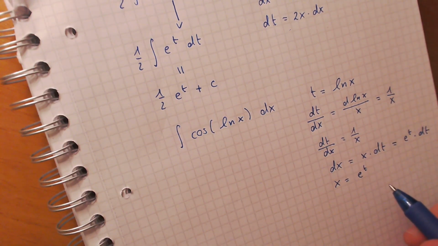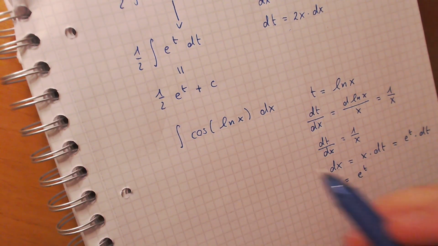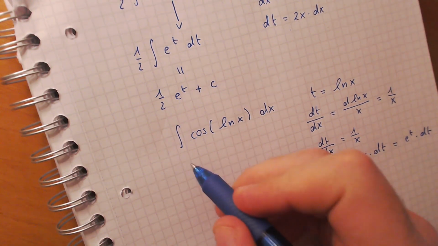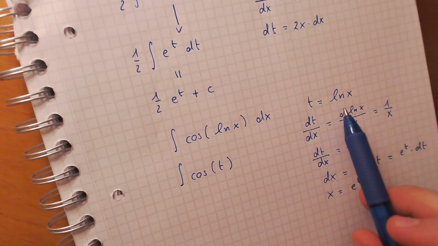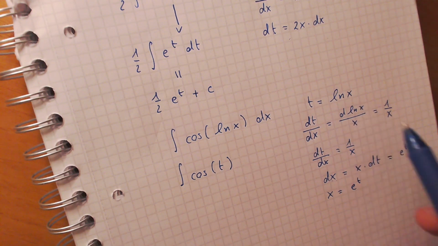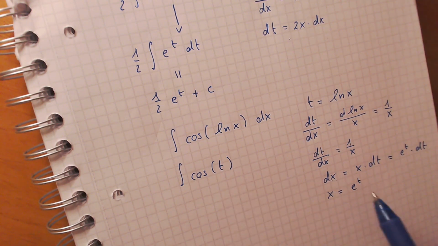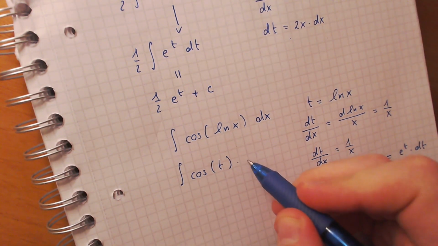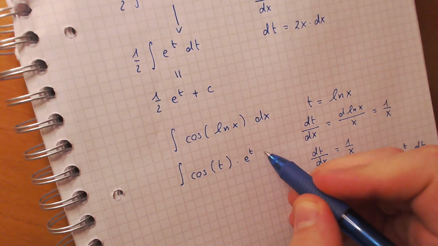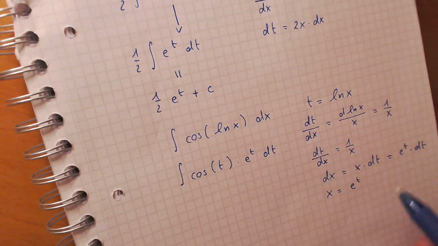Okay, so having said that, we can substitute the variable in the integral. So as we said, t is the natural log of x, and we know that dx is e raised to the power of t times dt. So here we can write times e^t dt.